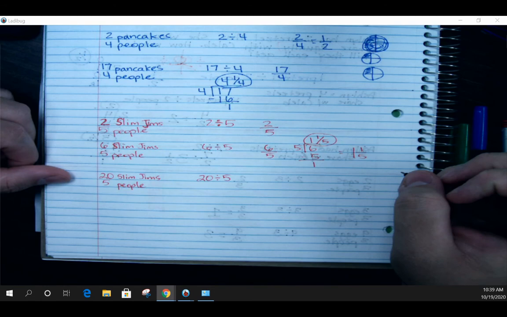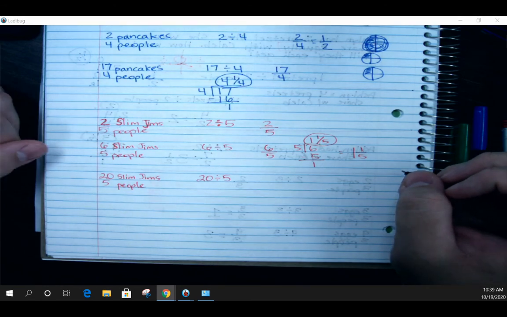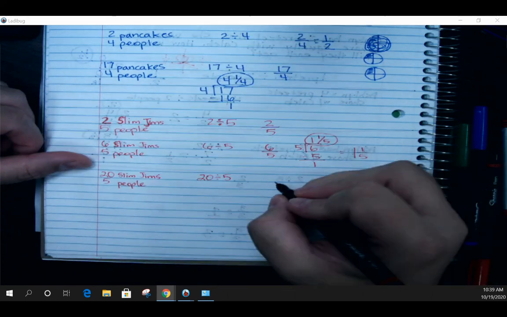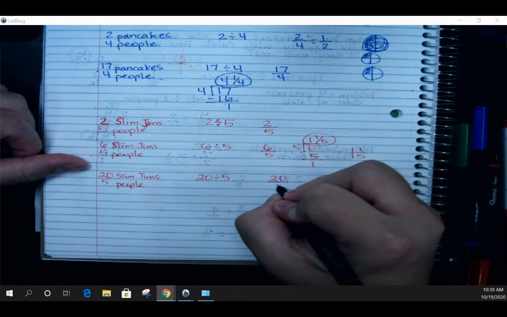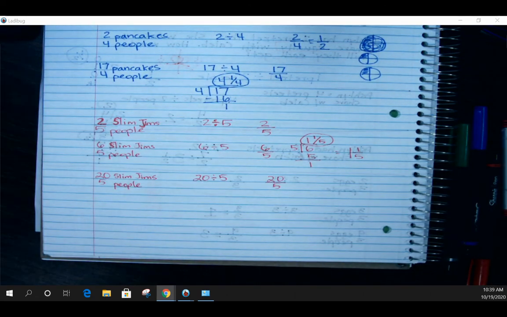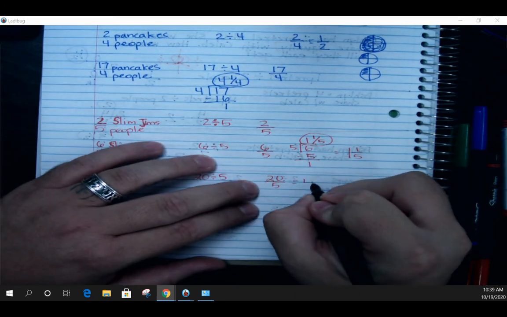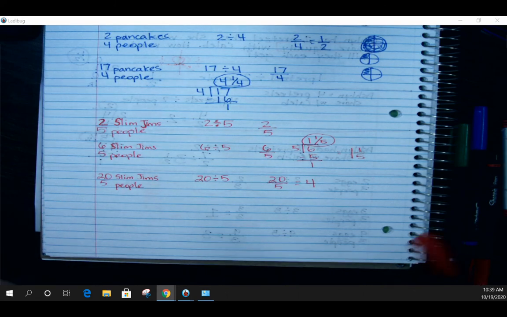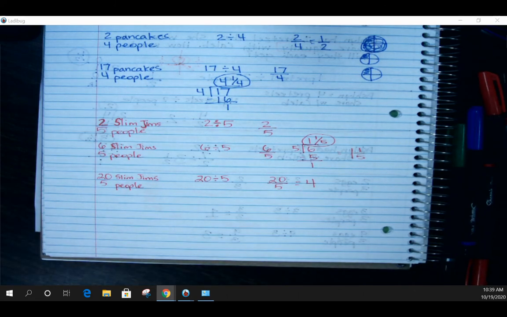What's my fraction? Caleb? 20 over 5. What's 20 divided by 5, Maddie? It goes in evenly. It's 4. Everybody gets 4 Slim Jims. Are there any questions before we move back to Excel?